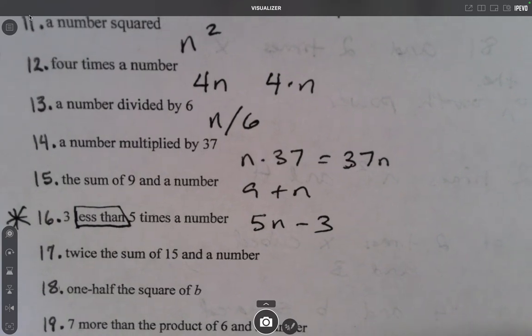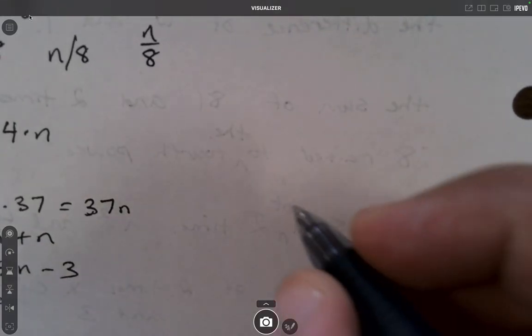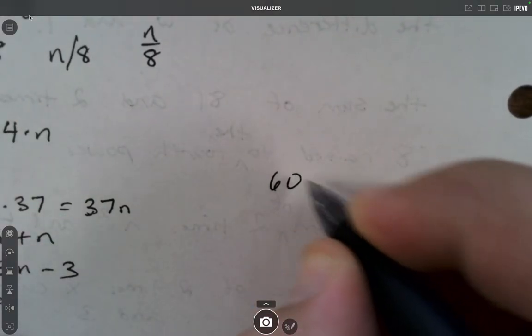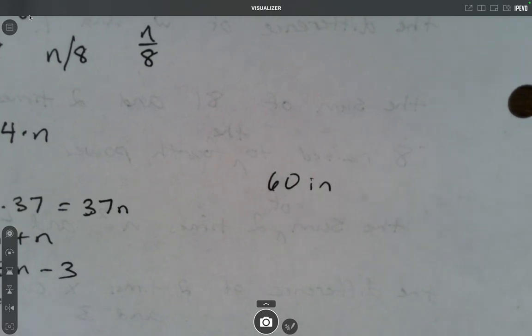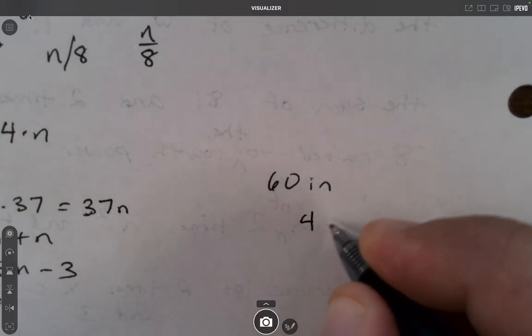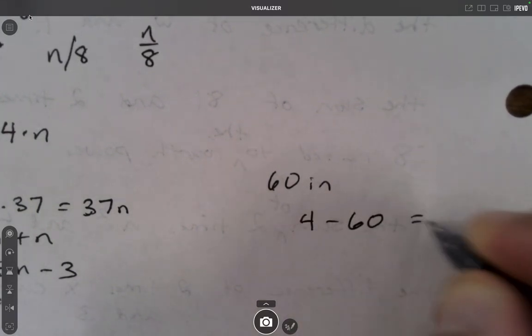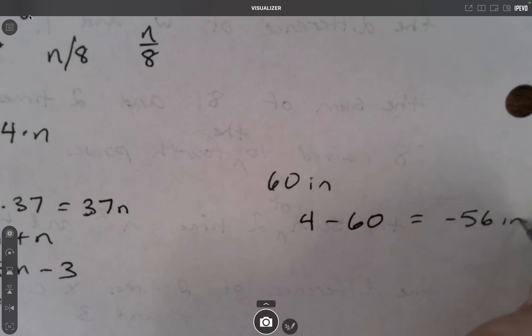So one example I can give, let's say you have a friend who's 5 feet tall. So we'll say that's, well, let's just say 5 feet is 60 inches. And you say, well, I'm 4 inches shorter than him. In other words, my height is 4 inches less than him. You wouldn't say, okay, 4 inches less than 60. So my height is negative 56 inches.